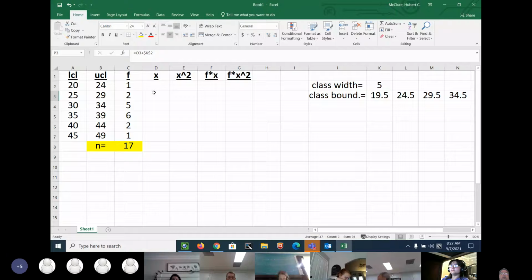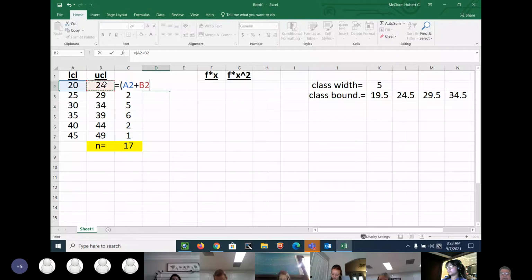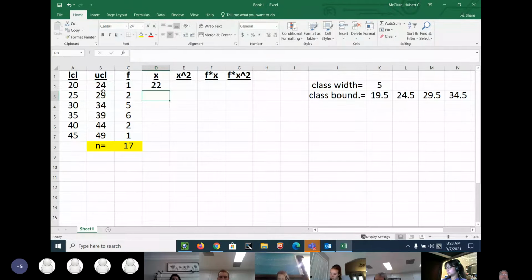So we're going to find X. First, I've got to find the midpoint of these two. So equals parentheses this guy plus this guy divided by 2. I'm finding the midpoint of the upper and lower class limits. And then I'm just going to add my class width to each one of those.